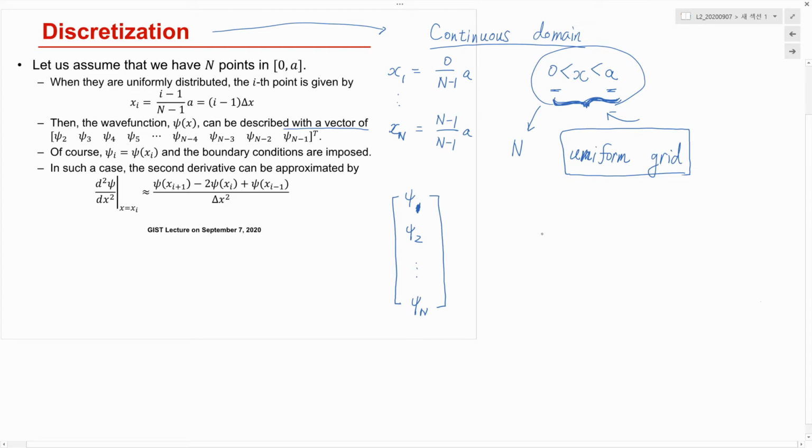Of course, once again, if we really wanted to have the exact solution, we cannot satisfy this with a finite amount of information. In this case, for example, when we say n equal to 100, we have the solution only at 100 points.